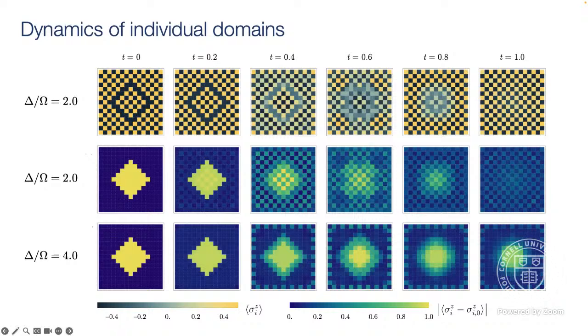The weights of the configurations where I have fewer domain walls, or larger domains, increase as a function of time, whereas the smaller ones shrink. So even though these dynamics may look classical, at the microscopic level, what's happening is a reweighting of the different coefficients in the superposition.